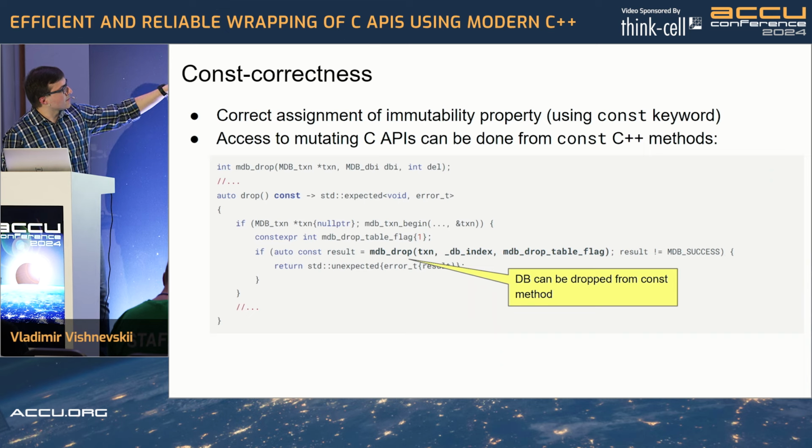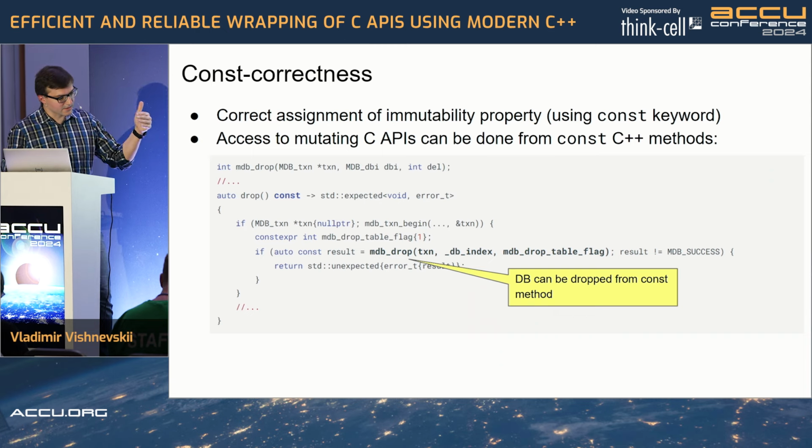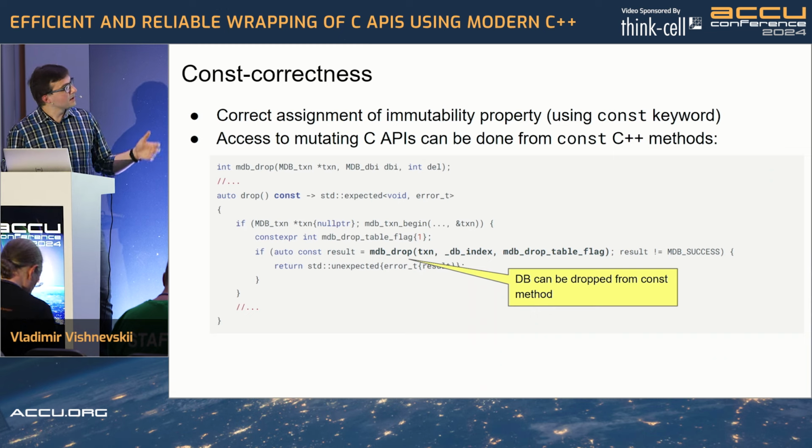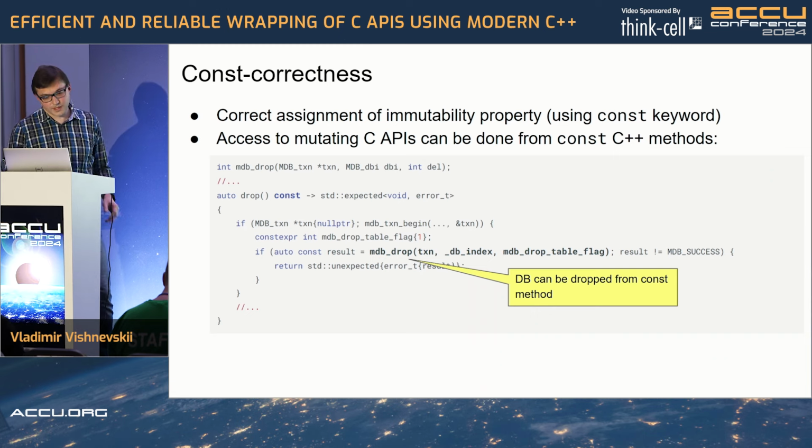Because here in this example, we have the drop method that can just remove the database, that is const-qualified, and it will actually remove the database, so mutate the object that it models. If we are following the recommended strategy that the const correctness corresponds to the immutability of the object that the class models, then we should take care of this, and of course drop cannot be const.